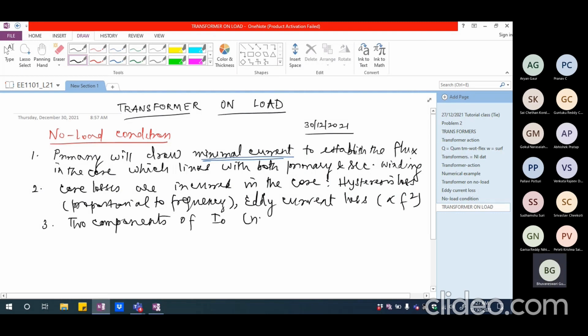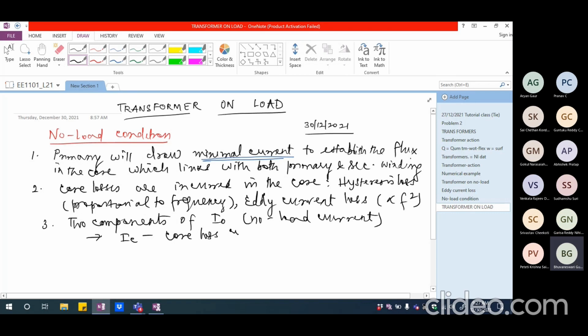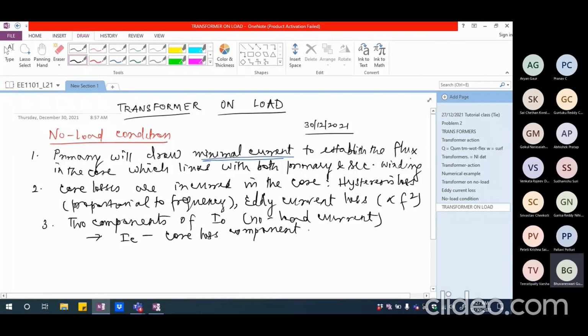So this is the no load current. This is going to consist of, one, the core loss component of current. This is actually a fictitious current, which will be drawn to satisfy the real power loss component of the transformer core.